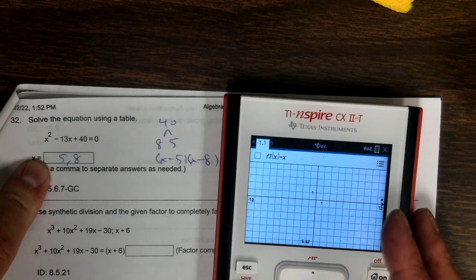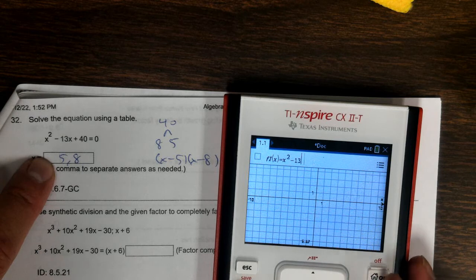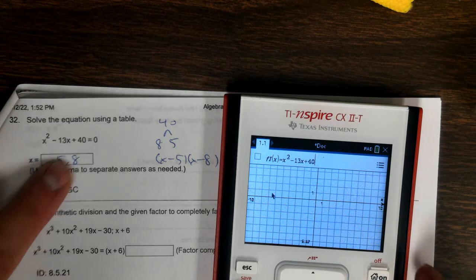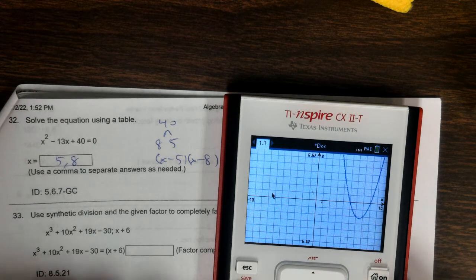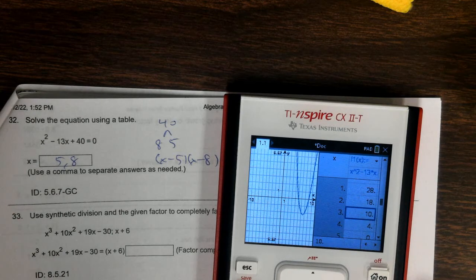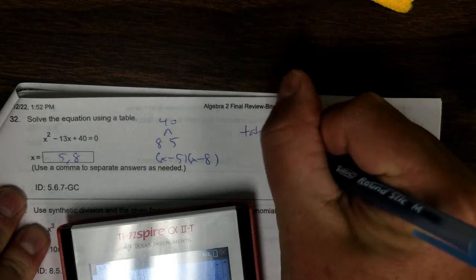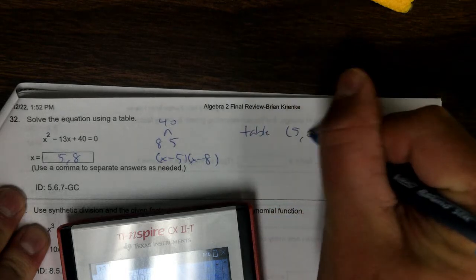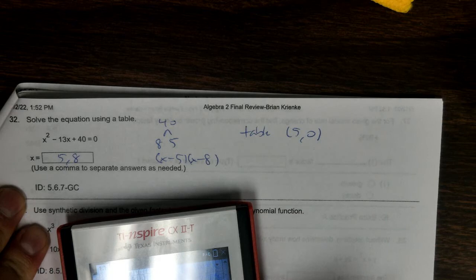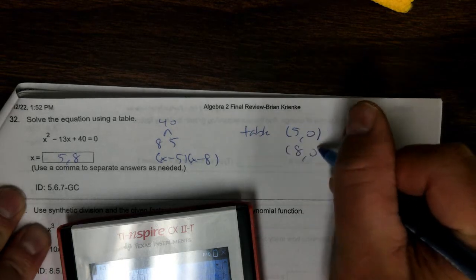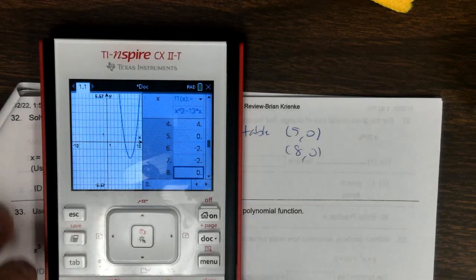X squared minus 13x plus 40. Go into your table and see where y is 0, like at 5, 0. And at 8, 0. So those are your two places.